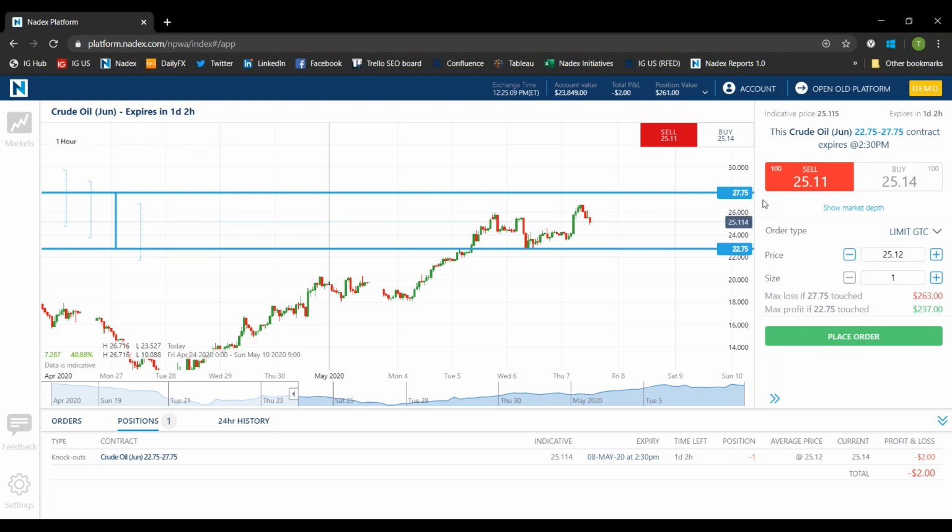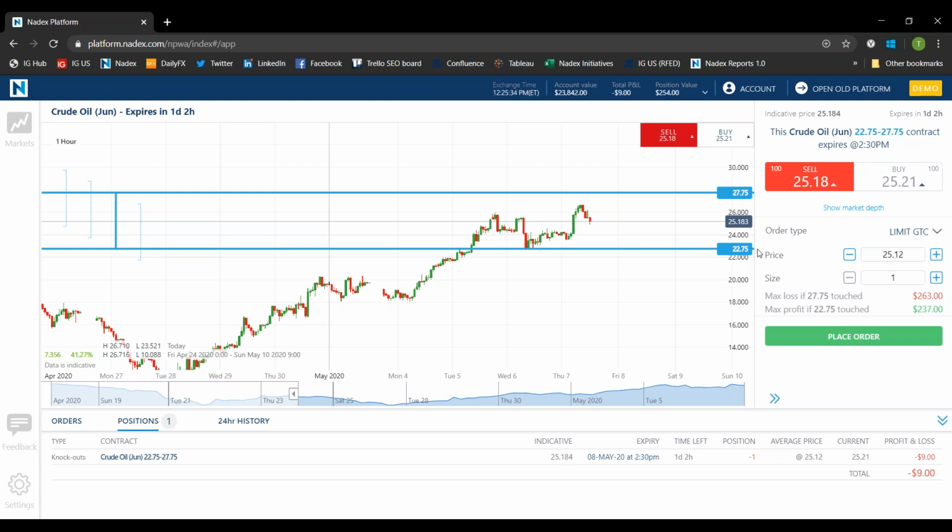So if it goes up higher, I'll lose some, but I won't have maximum loss. If it settles below 25.12, I will experience some type of profit. And now, I won't get maximum profit unless it gets down to 22.75. I hope that's all very clear. And if you have any questions about that, please, I hope you're typing them into Nelson right now.